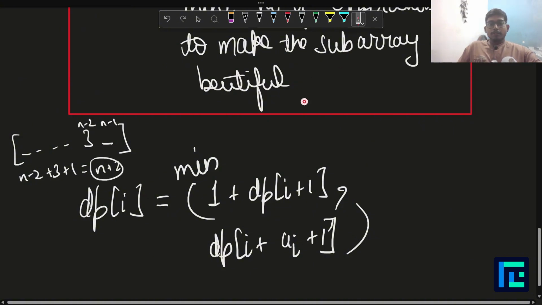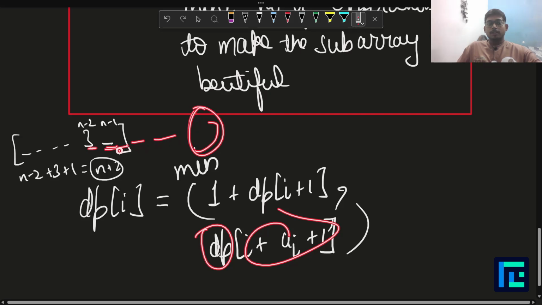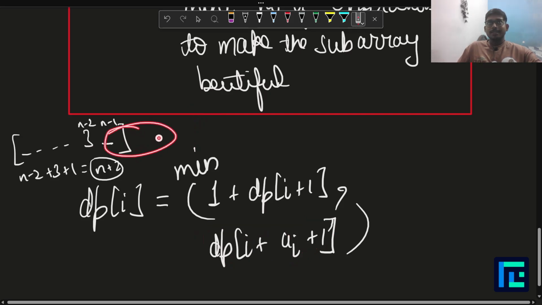So if you are trying to find dp[n+2], you need to have 3 elements here, but you are going out of the array. You don't have 3 elements in front, yet you are supposing that you are taking these 3 elements, and that is wrong. So you would have a check here that this should not exceed n.